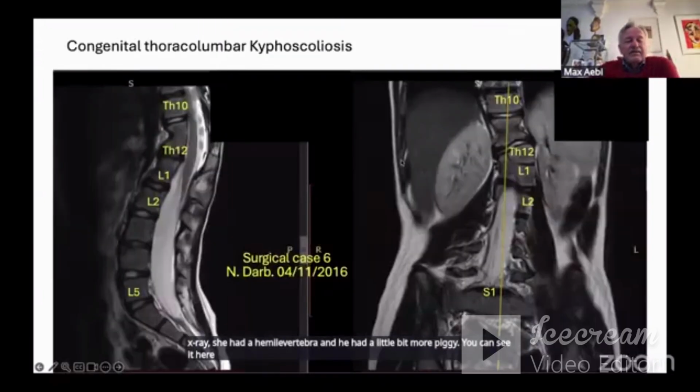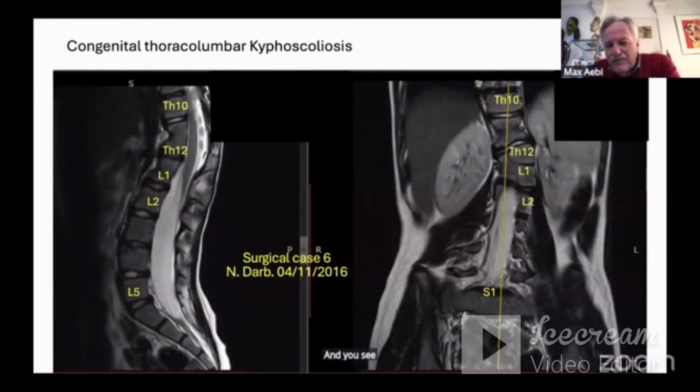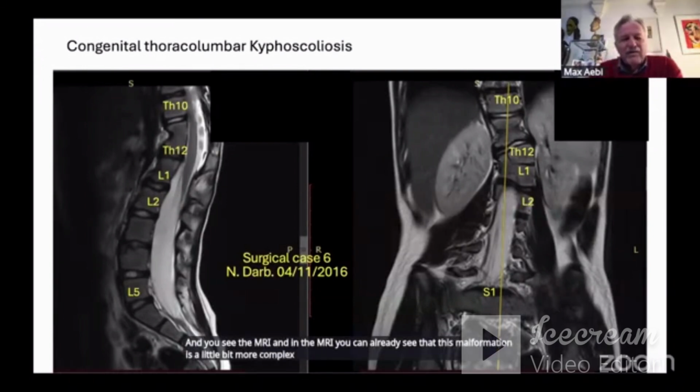And you see the MRI, and in the MRI you can already see that this malformation is a little bit more complex than just a simple hemivertebra, because it's combined with a kyphosis and with other malformations of the adjacent vertebra. So we have to figure out which one of these vertebrae is responsible for the deformity.